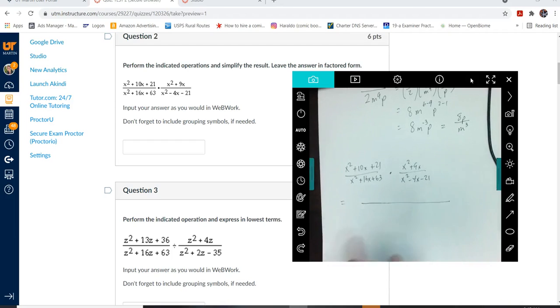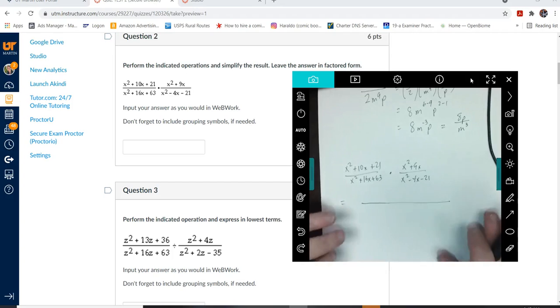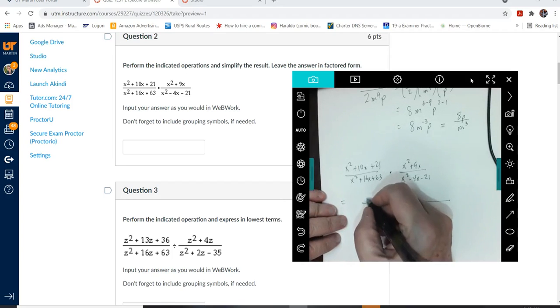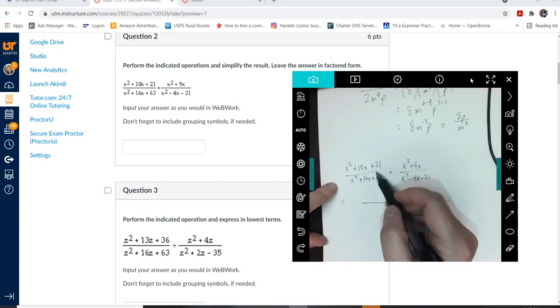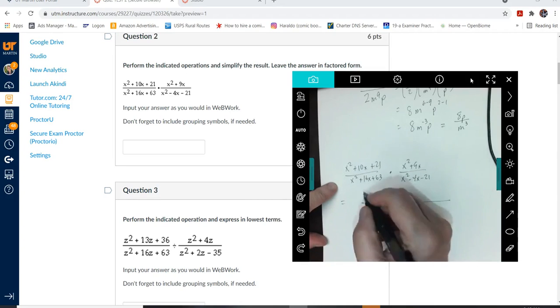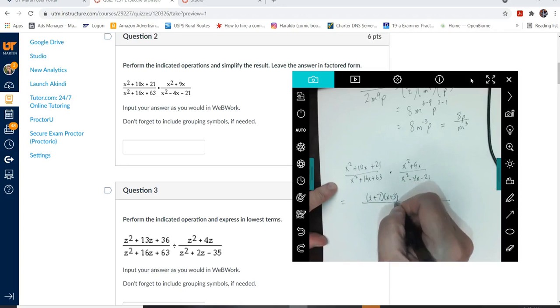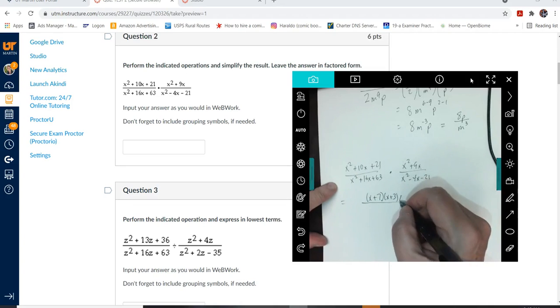So I need to put those together, and I need to factor and then do any cancellation. So I'm going to have, for the first one, two numbers that multiply together to give me 21, but add up together to give me 10. That would be 7 and 3. I can factor an x out of that.